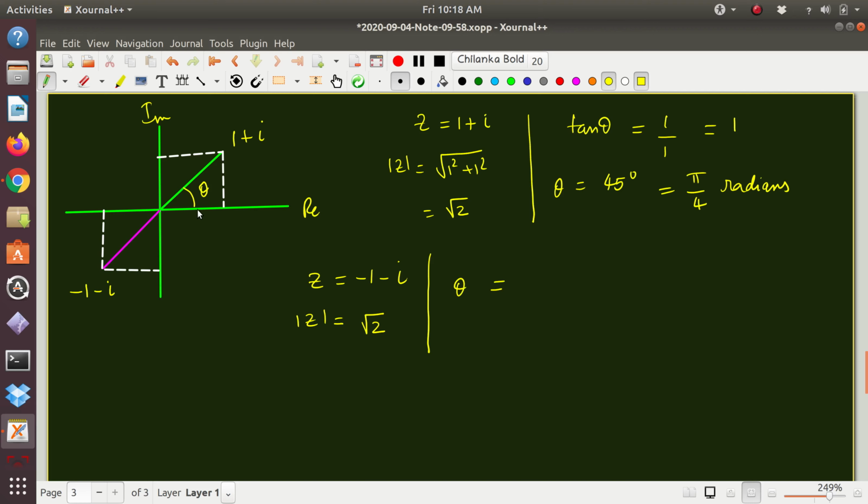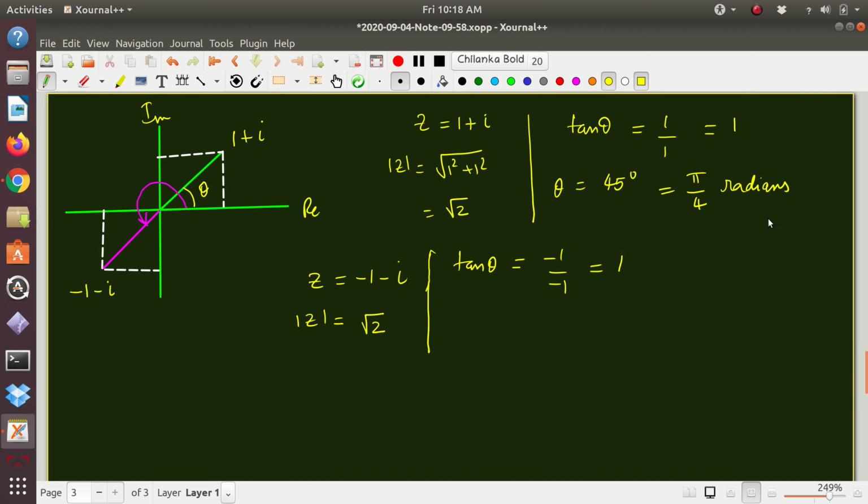So what is theta? Theta is always the angle made by the line that joins the origin and the point with the x-axis. So you have to measure theta for this particular point in this sense. This is theta. Here also tan theta is nothing but -1 by -1, which is 1.